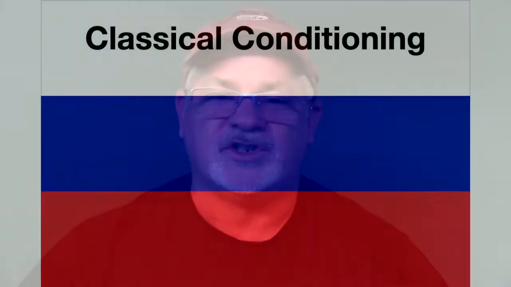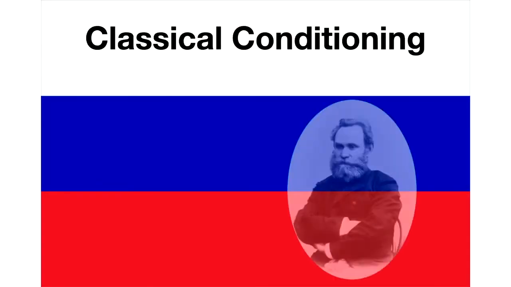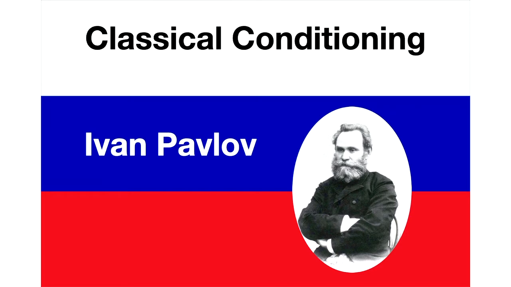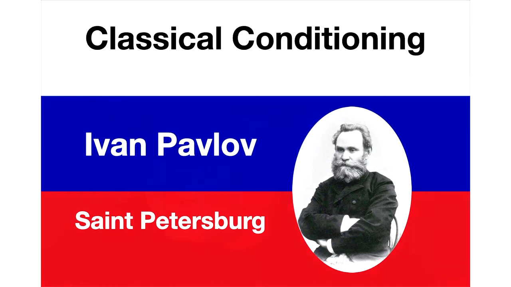Now, classical conditioning itself was discovered and sort of coined by Ivan Pavlov. He lived in St. Petersburg in Russia, and his study of classical conditioning is probably one of the most famous and cited studies in Introduction to Psychology. However, what we talk about in Introduction to Psychology is not what he actually did.